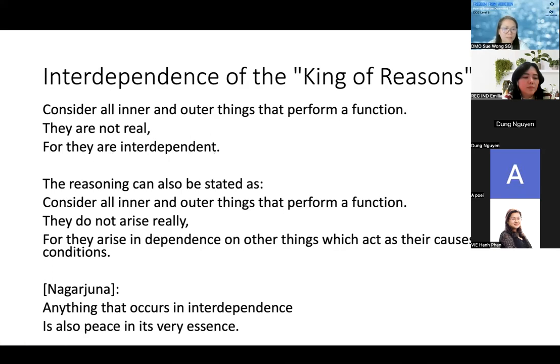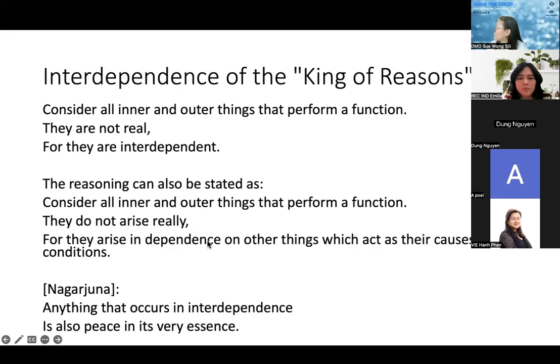So when they are interdependent, when they have cause and effect, when they have parts, when they have seeds, they are not real. Real here means they exist ultimately, right? So we can say, consider all inner and outer things that perform a function. They do not arise really because they arise in dependence on other things which act as their cause and condition.